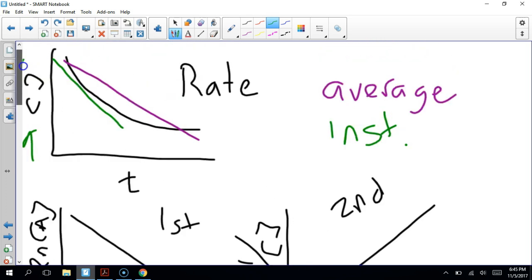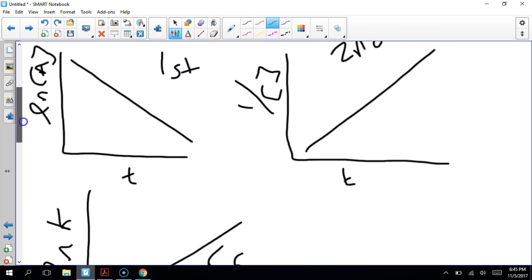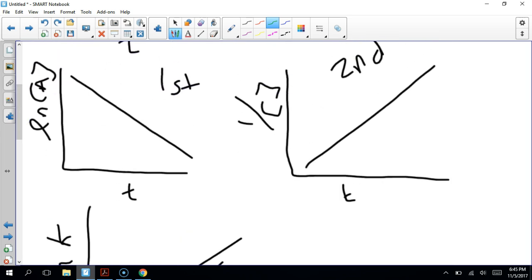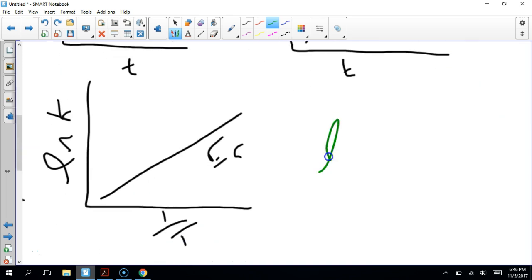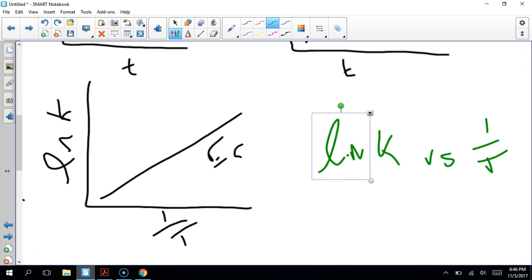I look at the axes. So if it's concentration versus time, I know that that's a rate. If it's ln or 1 over the concentration, I know that this is the integrated rate law. And then the last one is ln of k versus 1 over t.